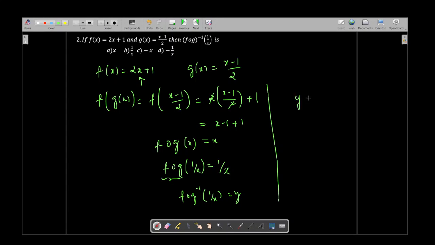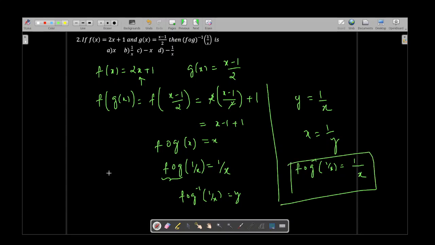I have to write the expression in the form of x, so x is equal to 1 by y. Replacing y with x, f of g inverse of 1 over x is 1 by x only.